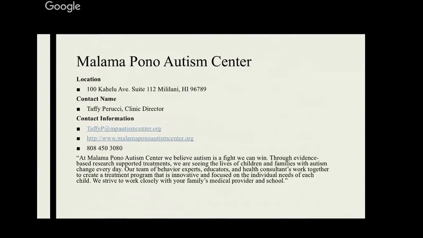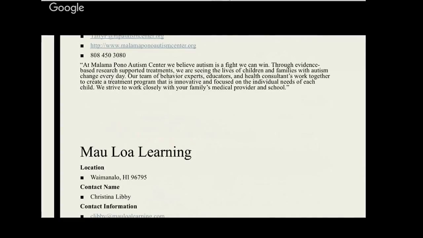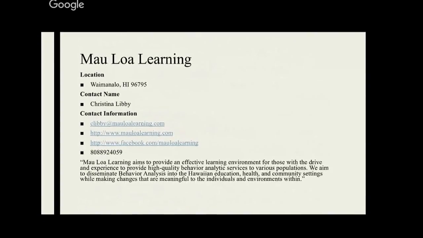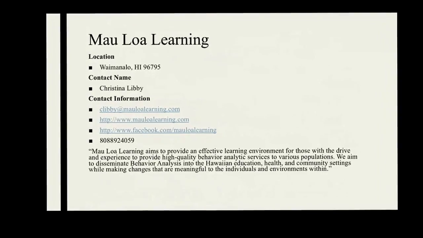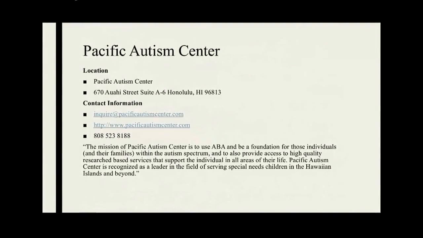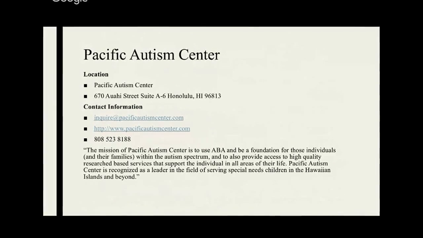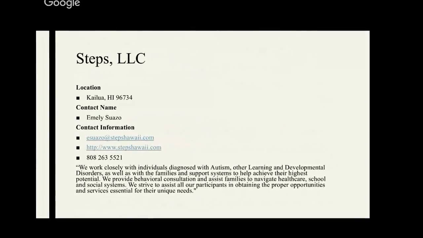I believe Malama Pono, they do, there's a clinic. Maloa, I'm fairly certain that's a clinic as well. Here's Pacific Autism Center. And STEPS, I believe this is my last one. I actually had the opportunity to meet the owner of STEPS as well today.